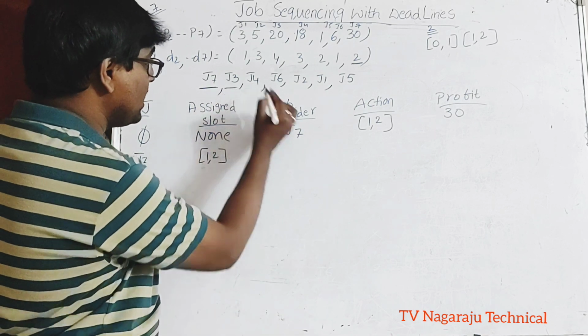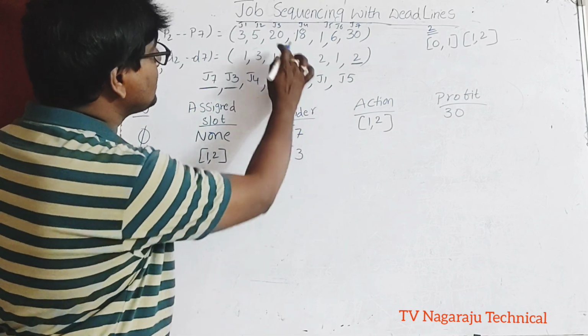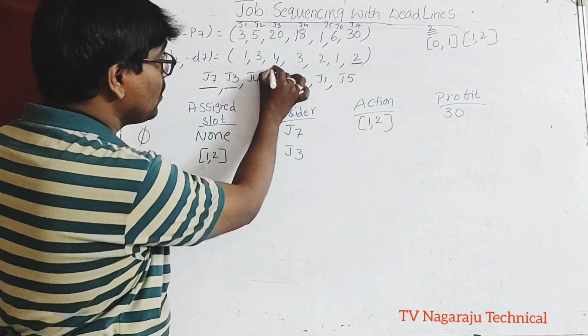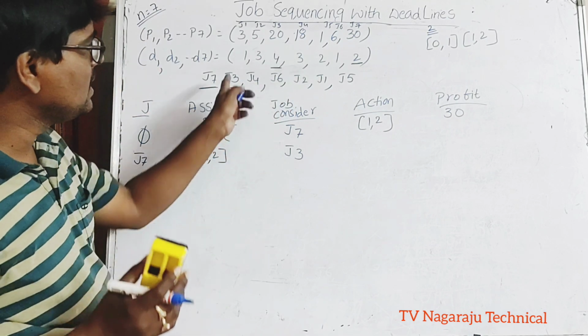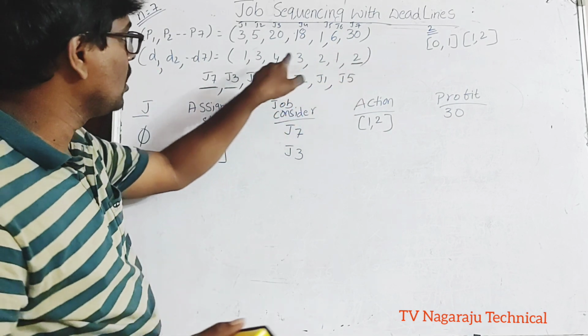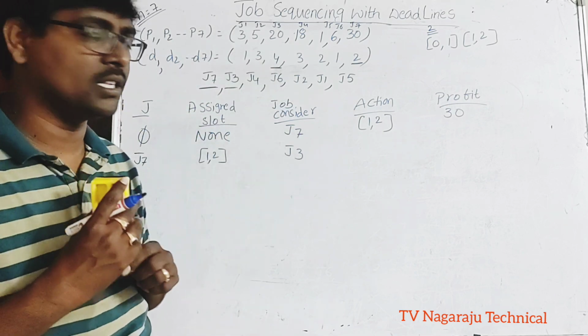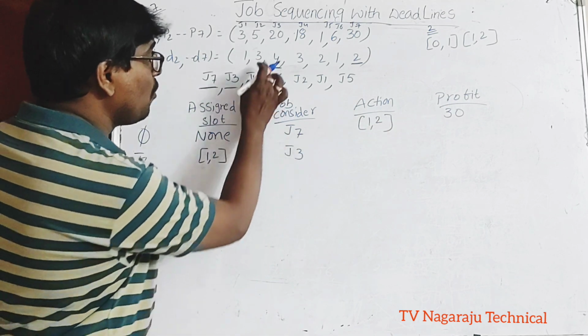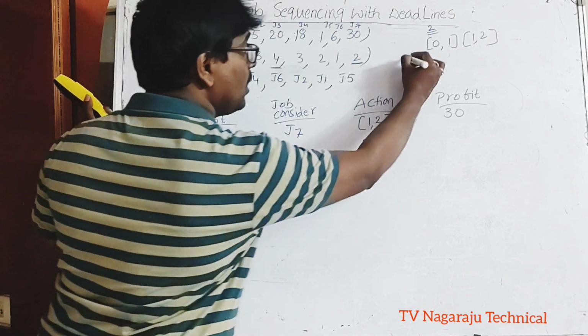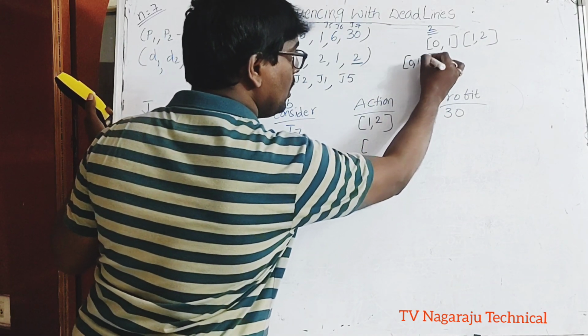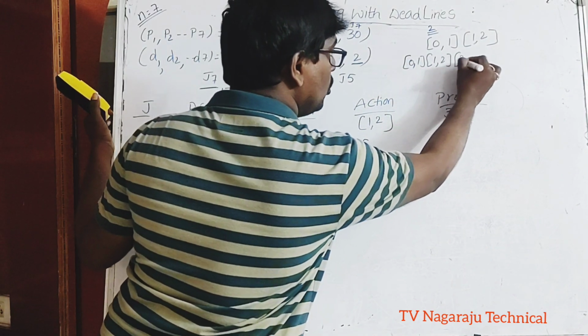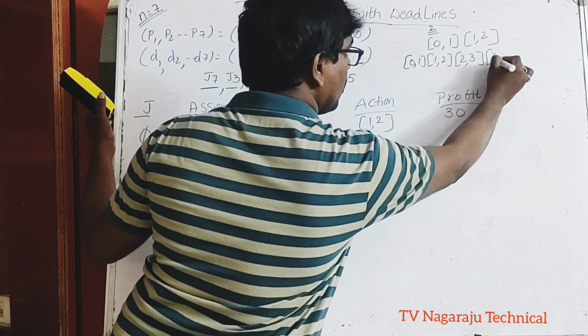Now J3. What is the deadline for J3? 4. By seeing this example you can observe that when 4 is given, in this maximum you can execute 4 jobs. 4 means the slots are 0 to 1, 1 to 2, 2 to 3, 3 to 4.